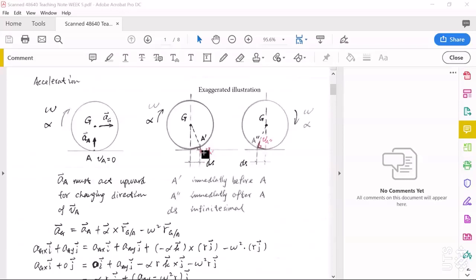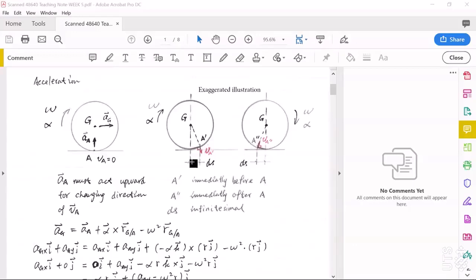The distance from point A prime to point A is ds. And the distance from point A double prime to point A is ds. So they are the same.